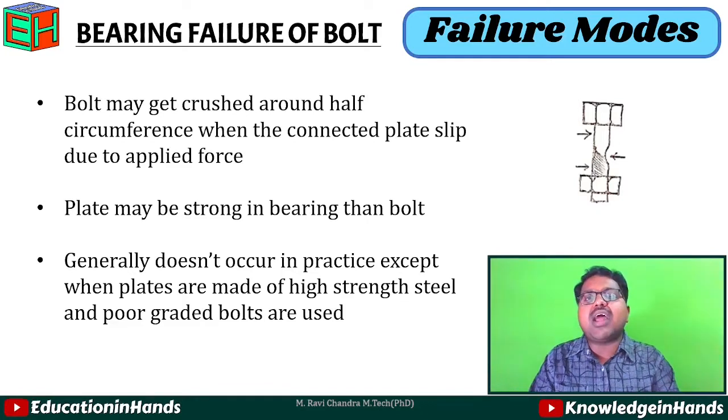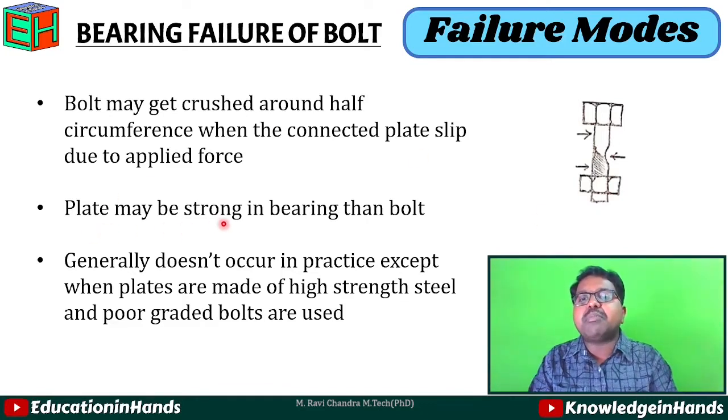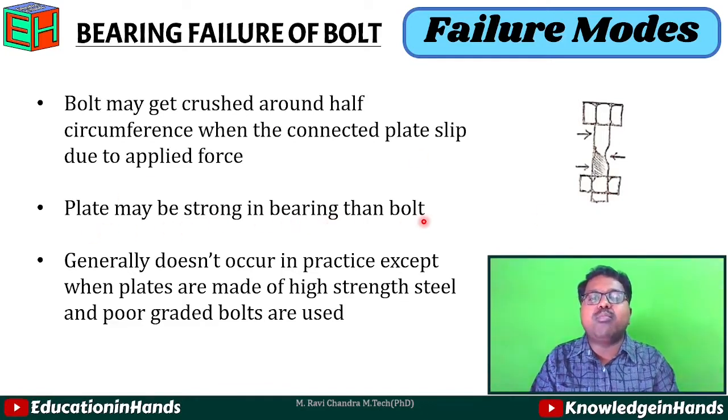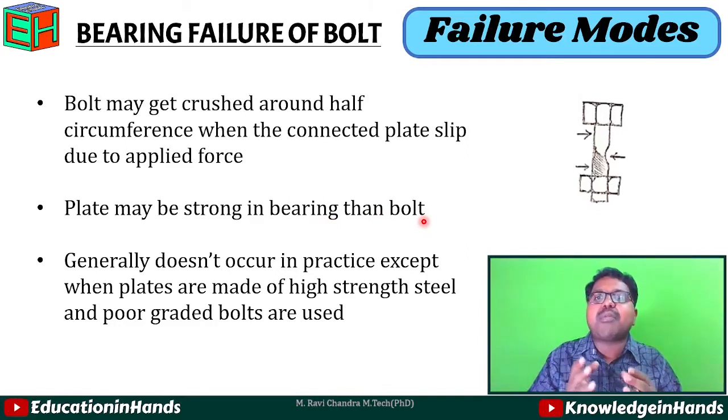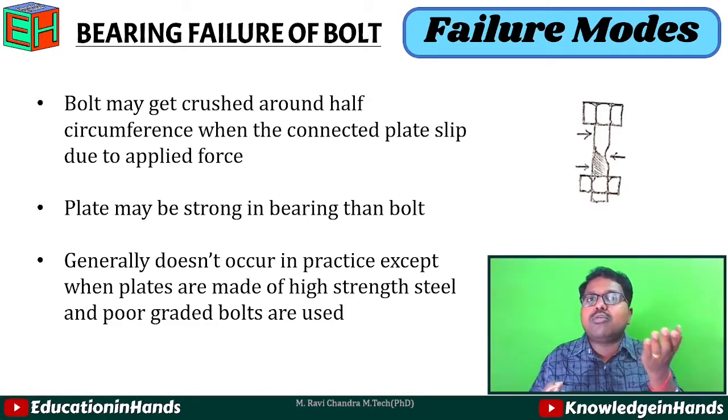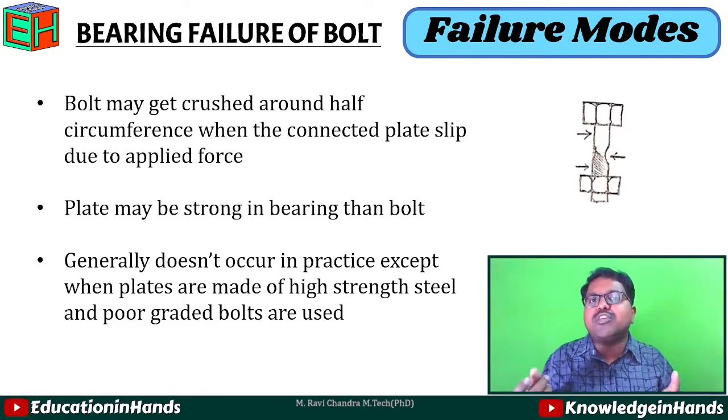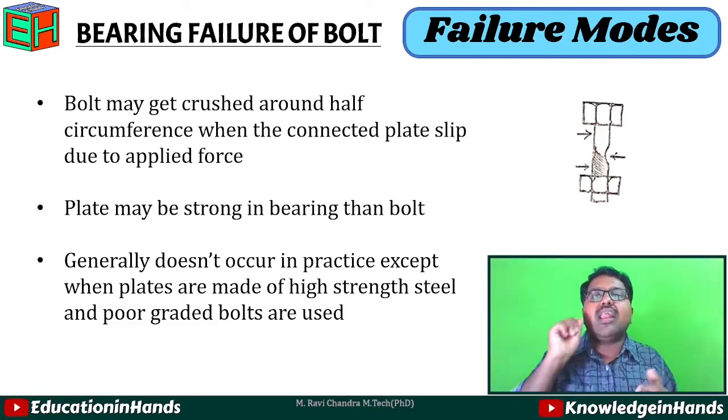This occurs when the plate is stronger in bearing than the bolt. In general cases it doesn't occur in practice, except when plates are made of high strength steel and poor graded bolts are used.